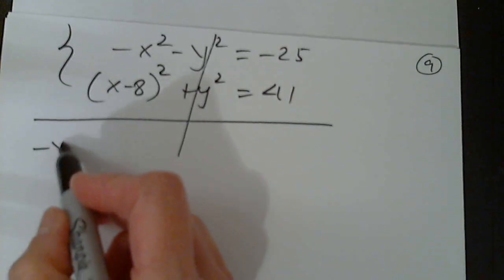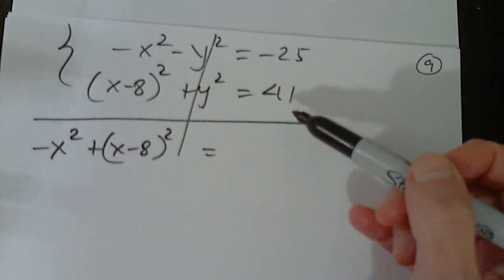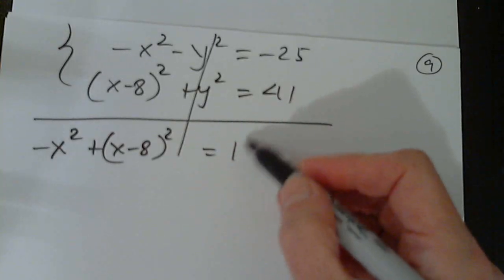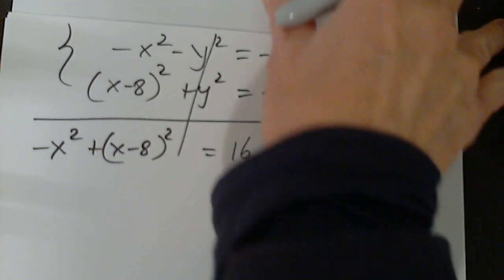So, negative x squared plus x minus 8, everything squared, equals 41 minus 25, which I think is 16. Good. What now?